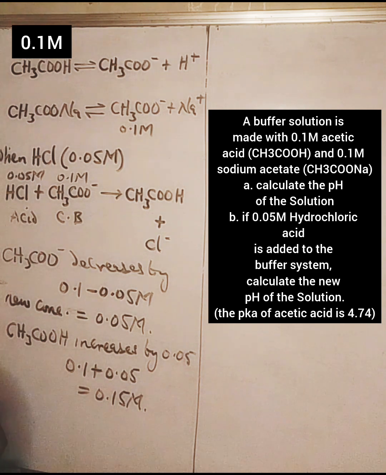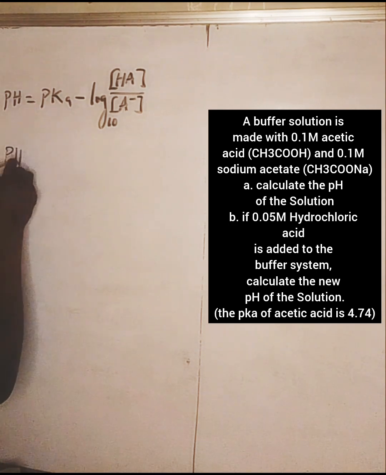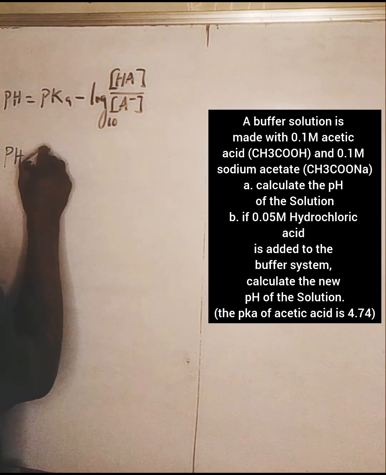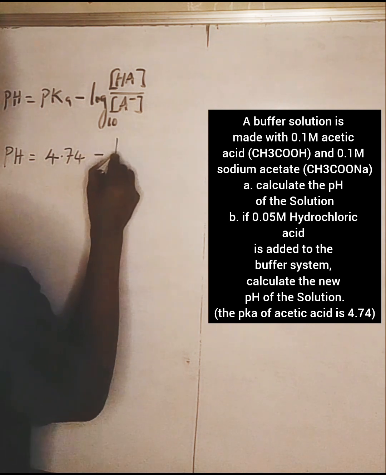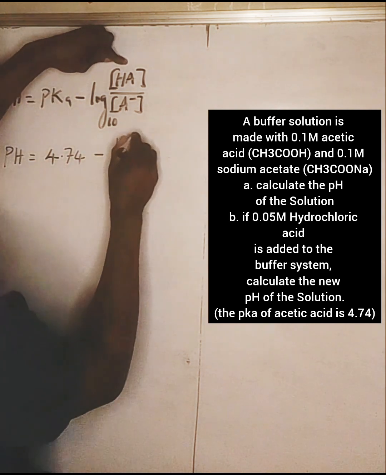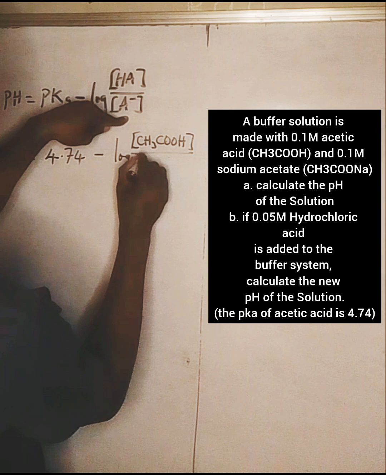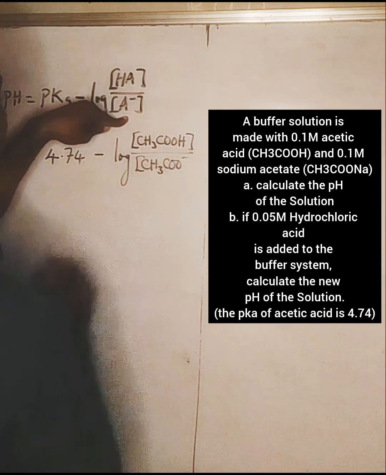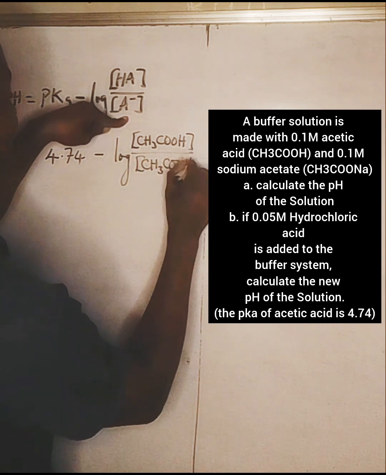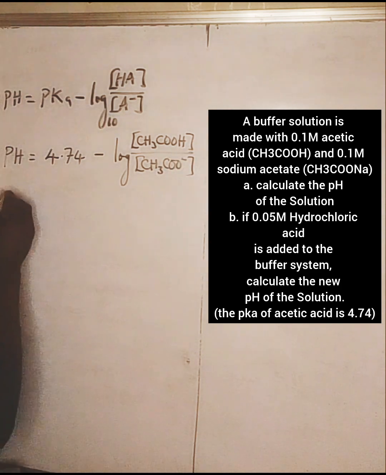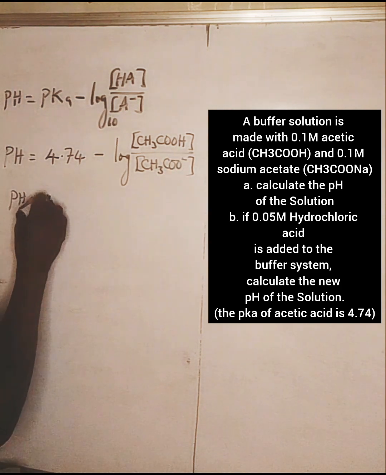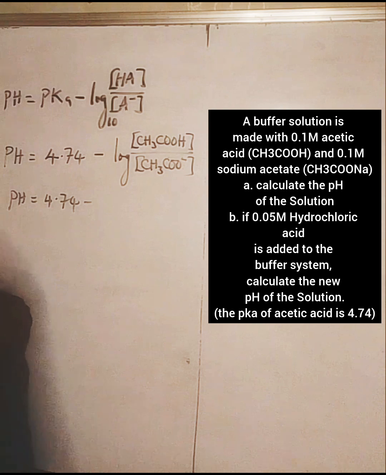Meanwhile, using the equation of buffer solution, our new pH will be pKa, which is constant, 4.74, minus log of, this is now the acetic acid, and this is the conjugate base, acetate, or you say sodium acetate, the same thing. Then we have pH to be 4.74 minus.